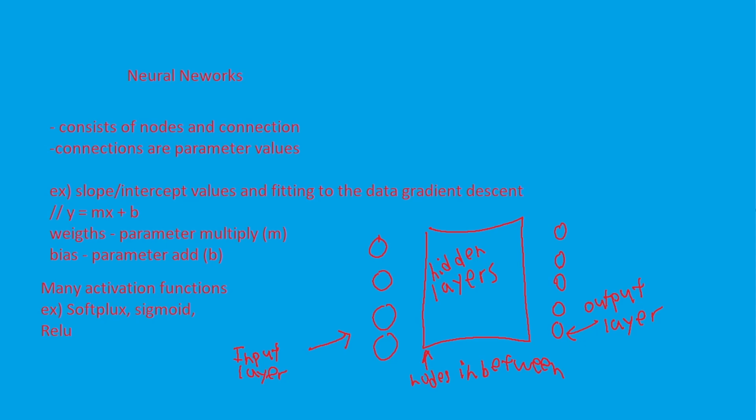But you might only use one node in the output if it's like a true or false, like is it a bird, yes or no. You only need one neuron at the end with a sigmoid function, for example, to make it between 0 and 1, and you could tell if it's a bird or not.